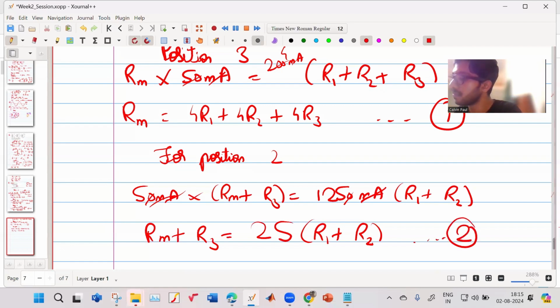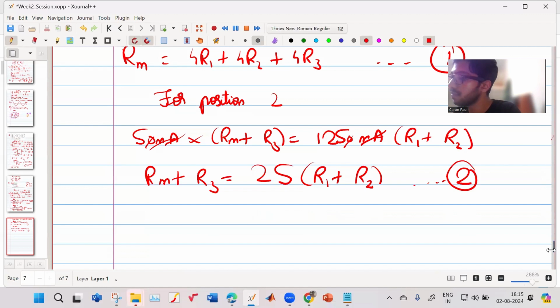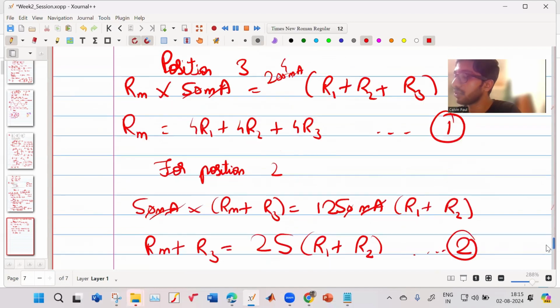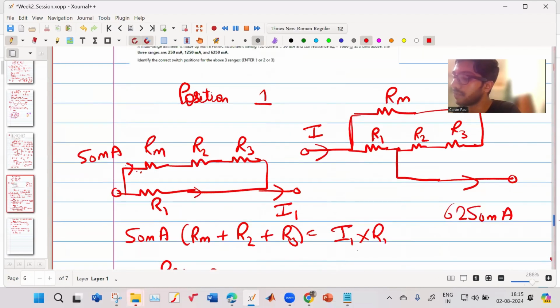Okay. Now for position 1. We are done for position 3. Now we have to do for position 1. So this current is 6250 milliampere. This current is 50 milliampere.